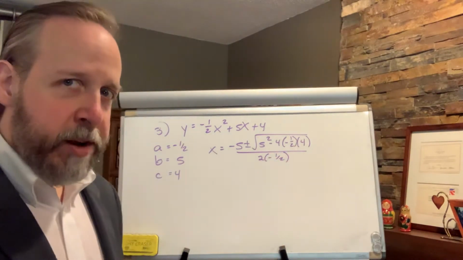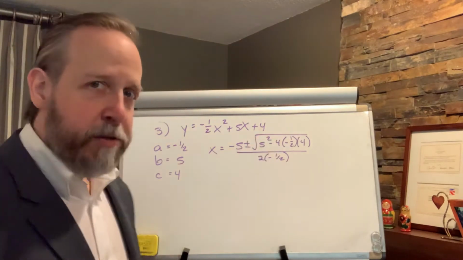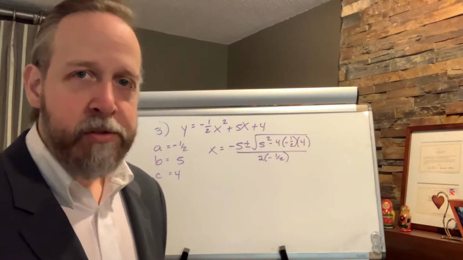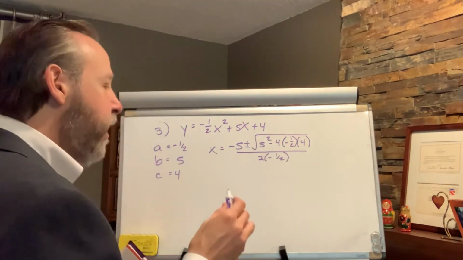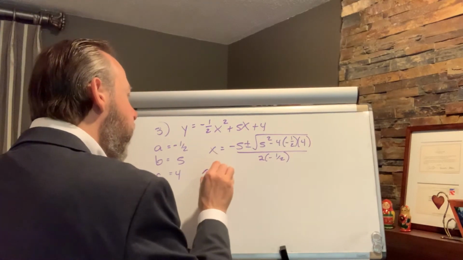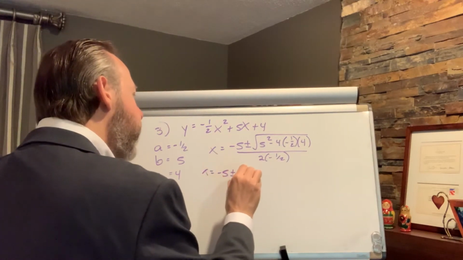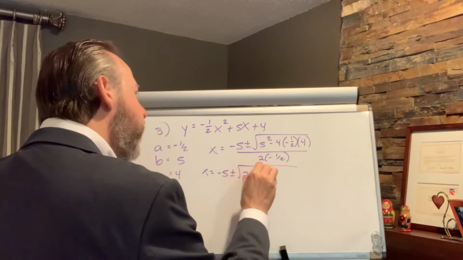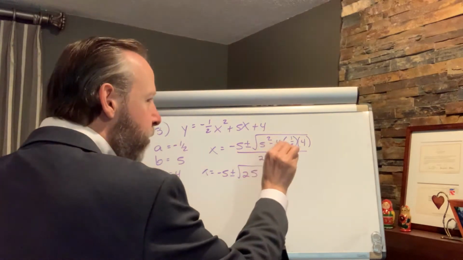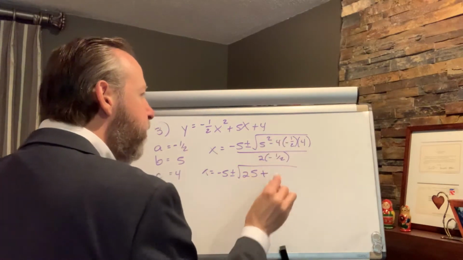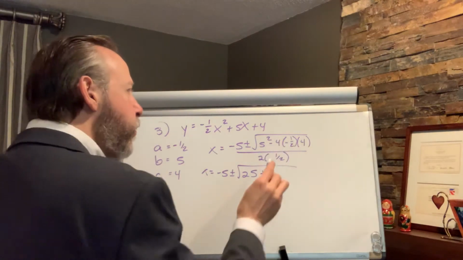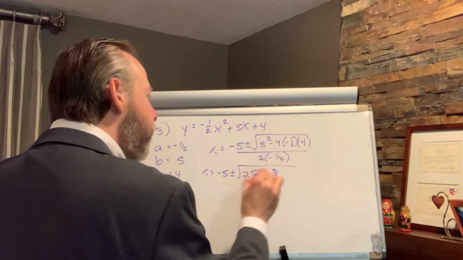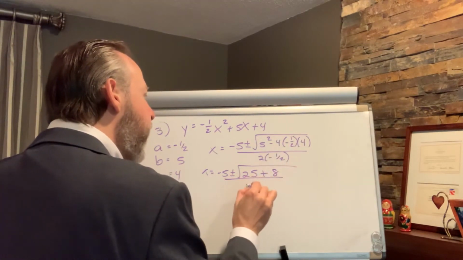Understand, I don't use parentheses around the b value when it's positive because you don't have to. There's no benefit to. But when it's negative, you must. So it's -5 plus or minus the square root of 25. Negative times negative is positive, so plus 4 times 1/2 is 2, and 2 times 4 is 8, all over -1.